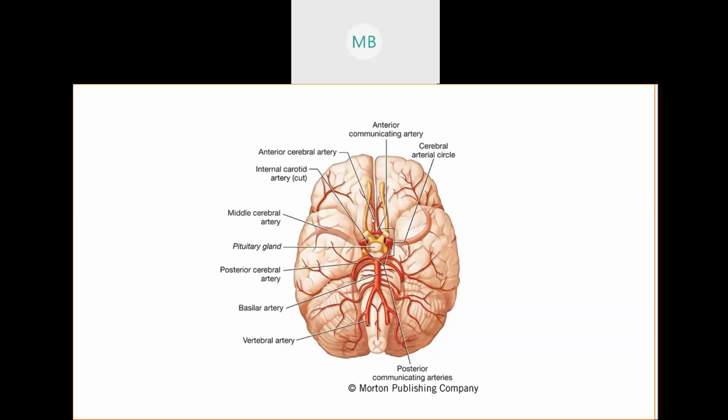So you have a right anterior cerebral artery and a right posterior cerebral artery, and you have a left anterior cerebral artery and a left posterior cerebral artery. So you got one of each, one on the right, one on the left.